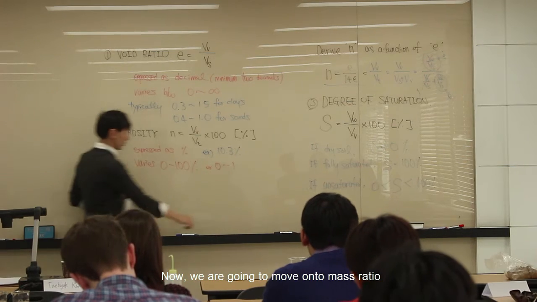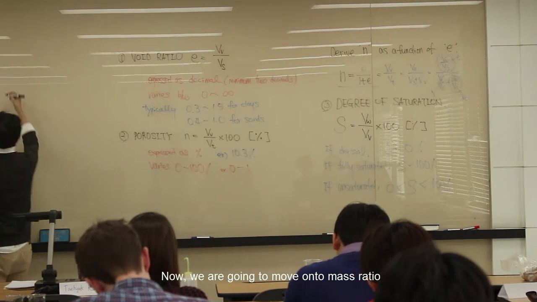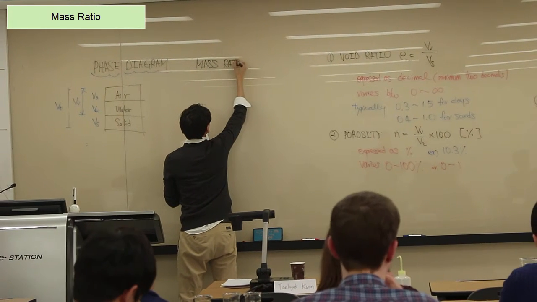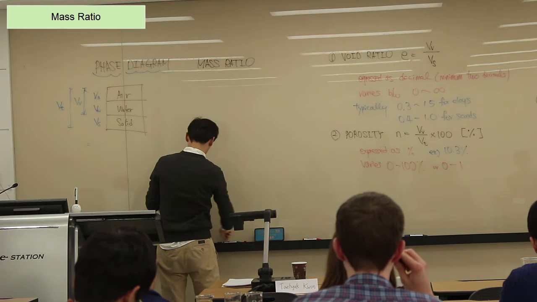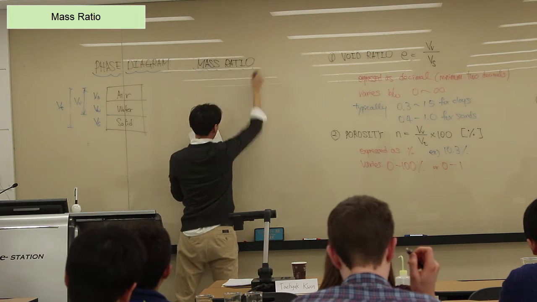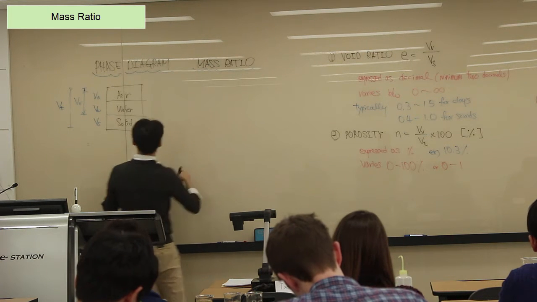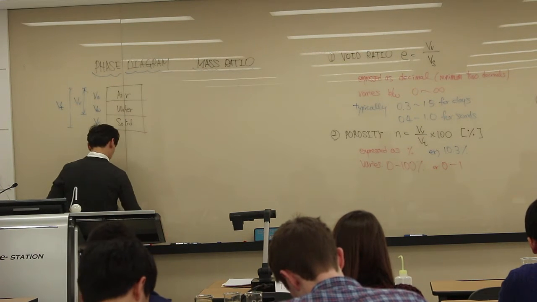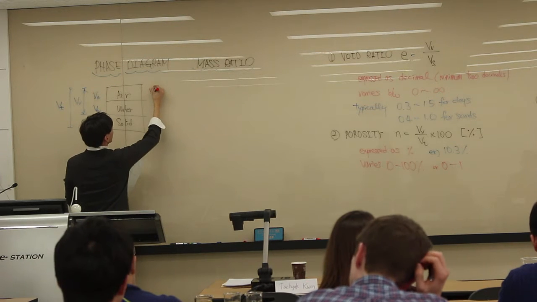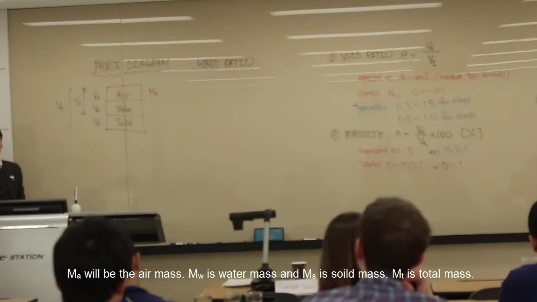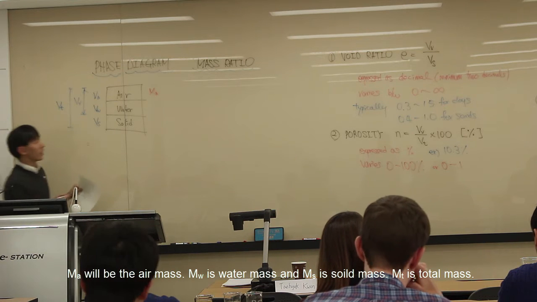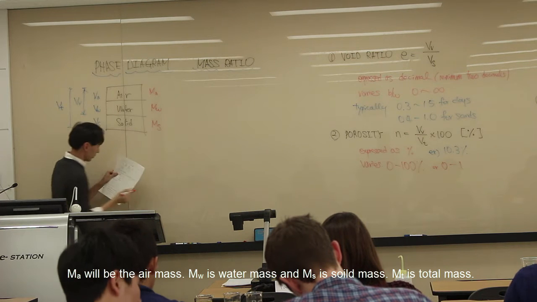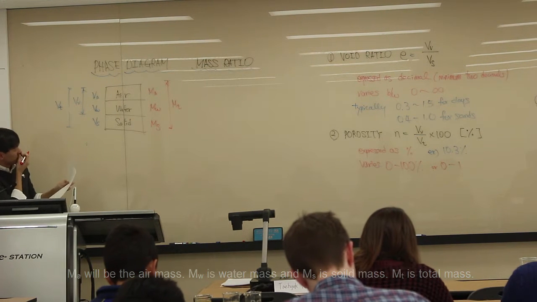Now we're going to move on to mass ratio. M sub A will be the air mass, water mass, and solid mass, and then the total mass.